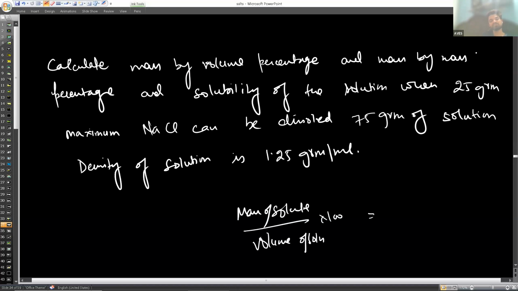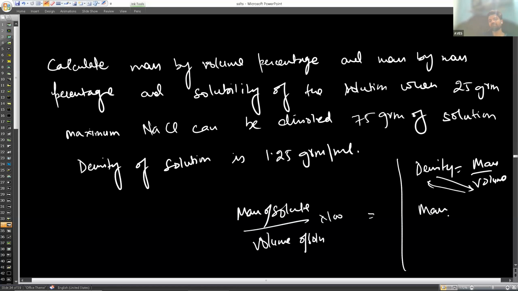Density is equal to mass upon volume, and then we will divide mass by density, so that's how we can get the volume. Very good. So mass by density, this volume will go upward.